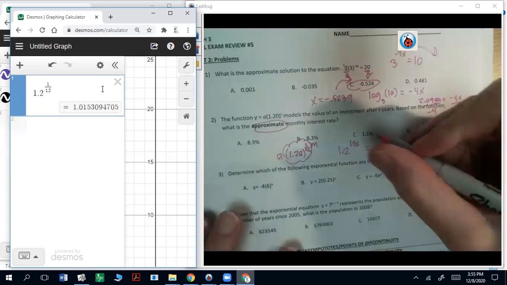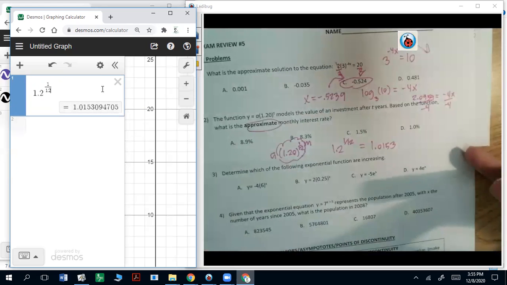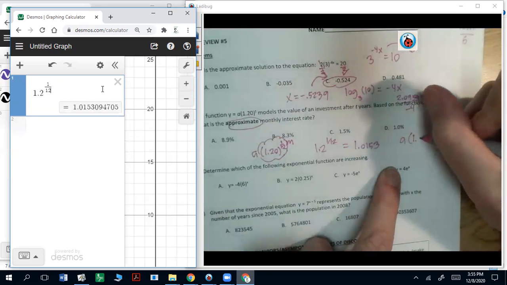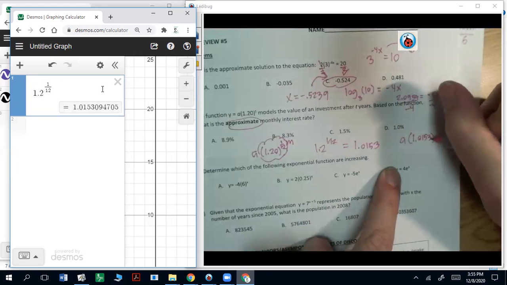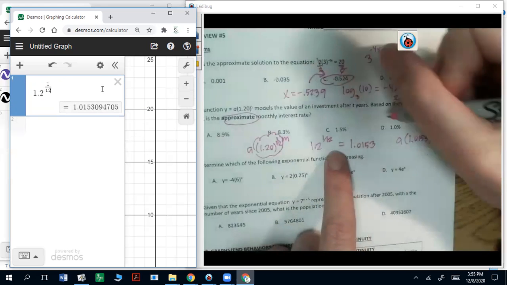So that becomes 1.0153. So now what we do is we say a times 1.0153 to the m power. That's your monthly equation.